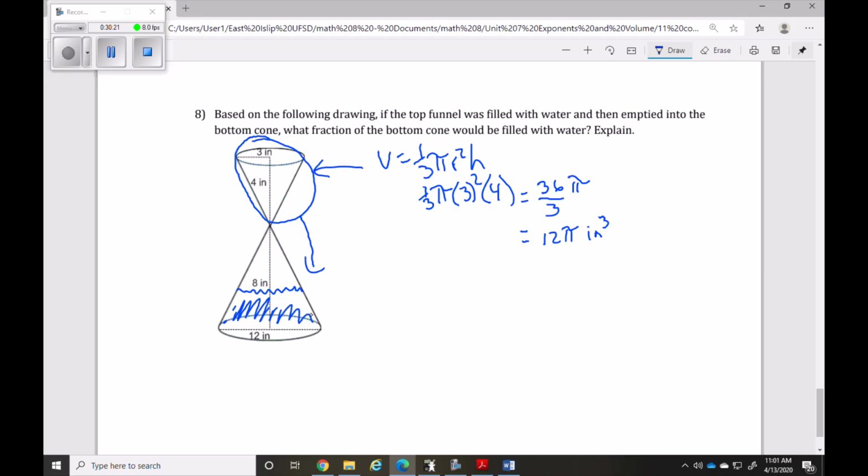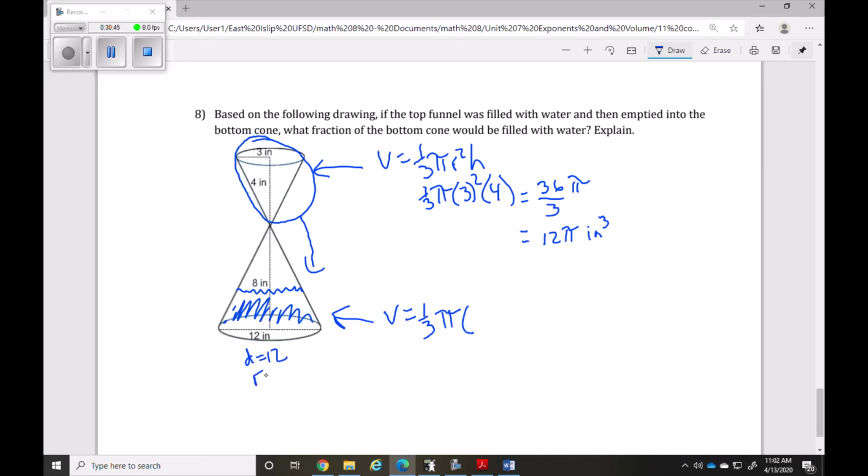They're asking what fraction of the bottom cone is filled with water. So now let's find the volume of the bottom cone. Let's find out how much it really can hold. So the radius of the bottom cone, remember this 12 is a diameter.